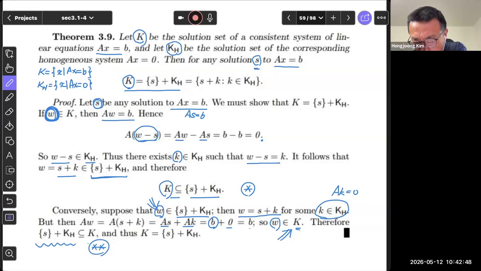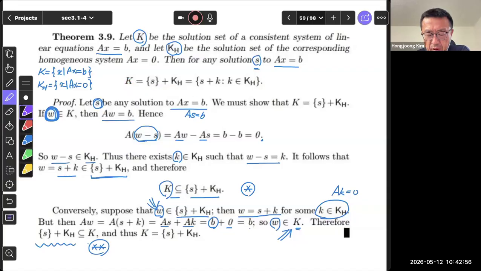So what is the meaning of this? One usage is this. From now on, I will find K sub H first, and then I will add one particular solution to each solution in K sub H. Then you obtain the general solution set for the AX equals B problem.